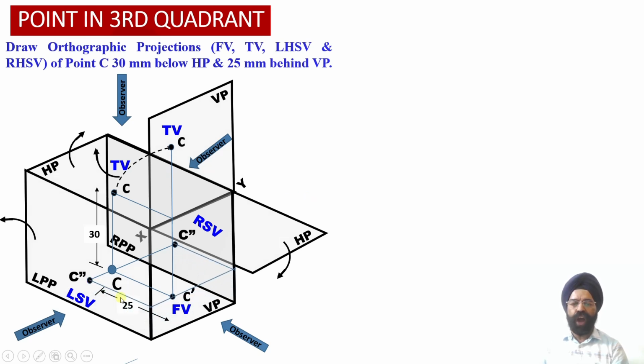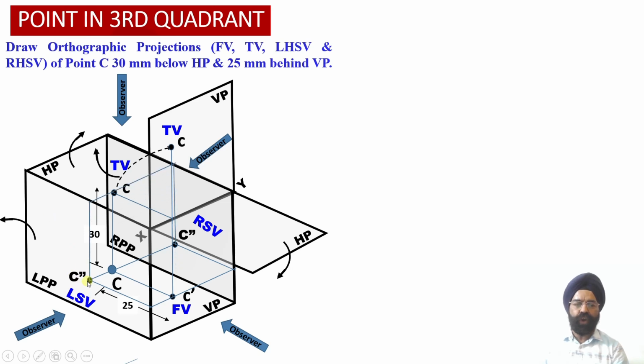Now once we draw these three projector lines, we have been able to establish the relationship between the front view projections, left hand side view projections and the right hand side view projection. That is, all of these three projections are lying at a distance of 30 millimeter below the horizontal plane.